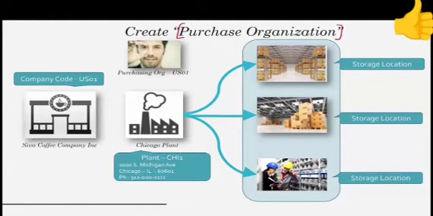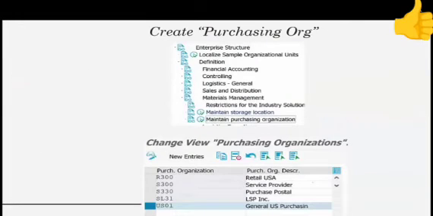For now, for the entire US, just create one purchase organization. Just call it US01. So how do you do that? You go to MM and under that, maintain purchase organization. Remember, we are still in definition mode. We are trying to create these entities.